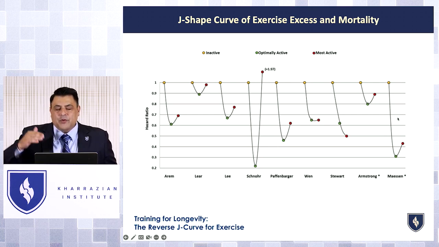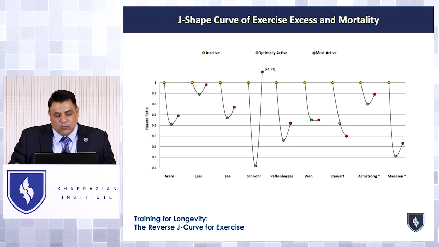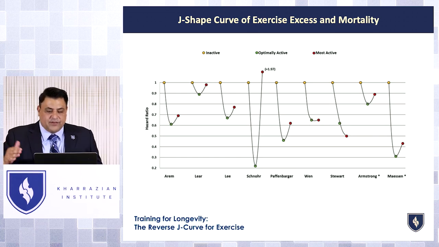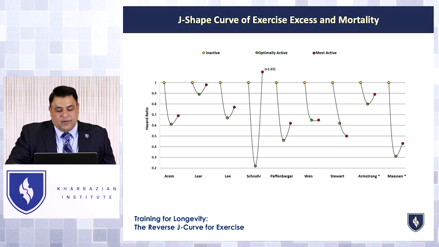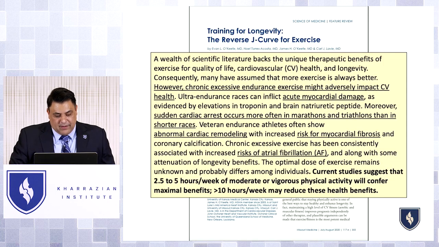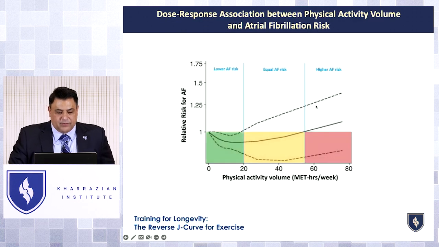So VO2 max being improved is definitely linked to all-cause mortality, but that's one indicator. But if someone's exercising at moderate or higher vigorous physical activity for greater than 10 hours per week, they may get into this J-shape where it's actually causing adverse problems for them.